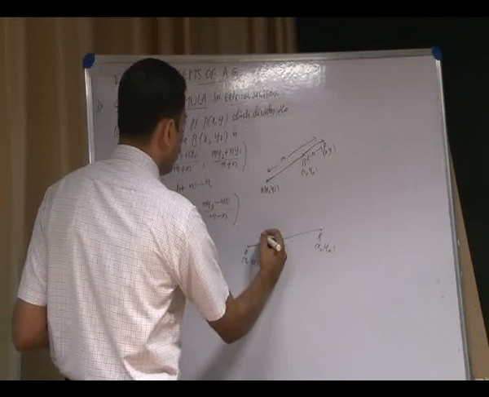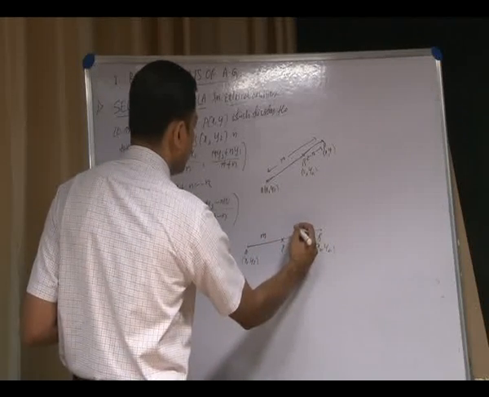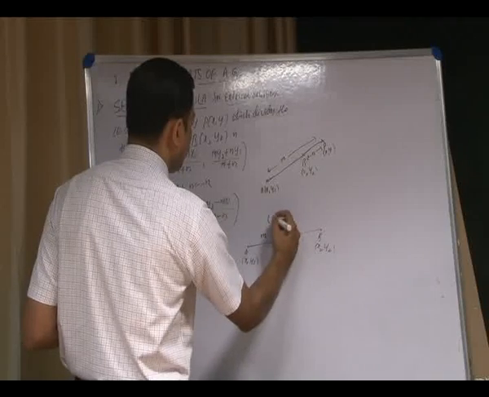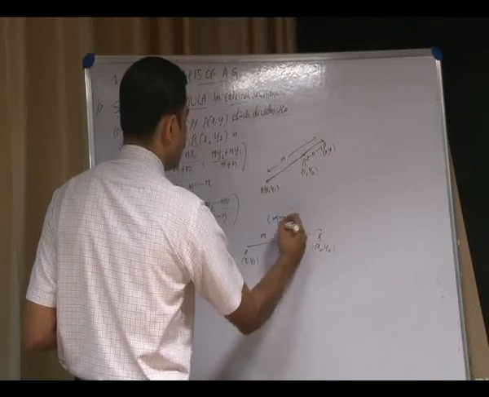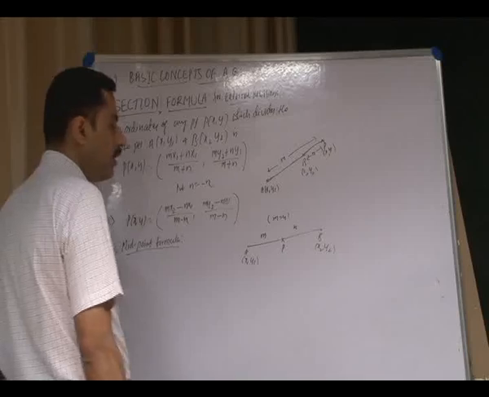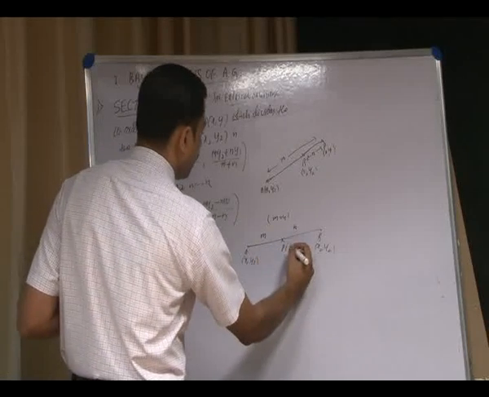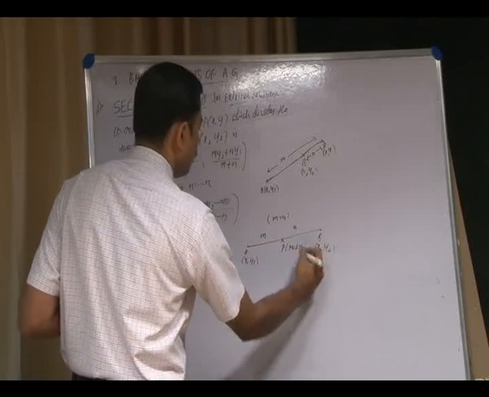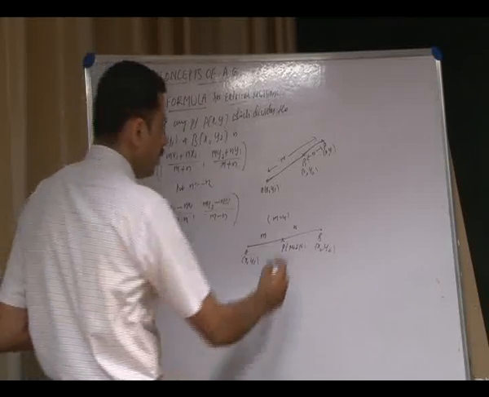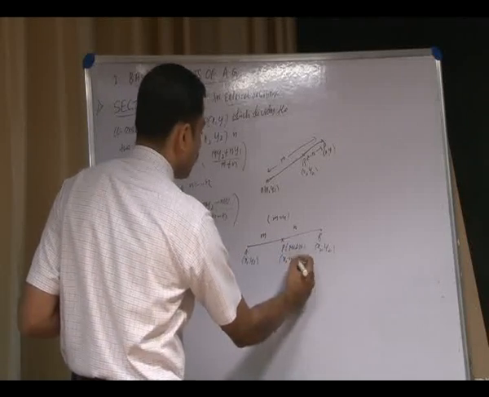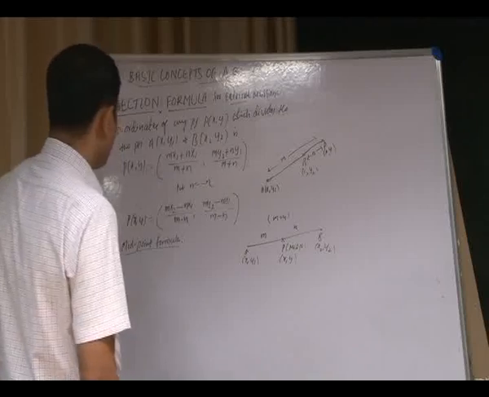Here we are going to take this ratio as m is to n. In this, suppose m is equal to n, these two distances are equal, then P is the midpoint of line AB. Then the coordinates of this point P(x, y) can be written by the midpoint formula.